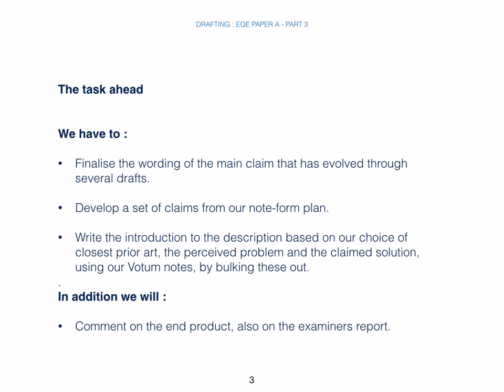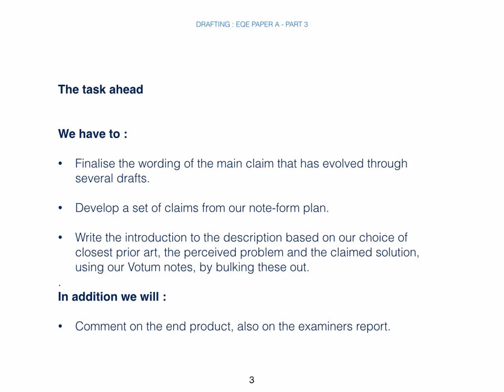And we have to write the introduction to the description based on our choice of closest prior art and the perceived problem and the claim solution, using our votum for grant notes by bulking out these notes. In addition, in part 3, we will comment on the end product and also on the examiner's report.